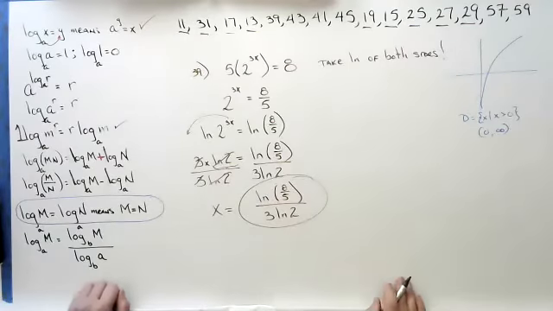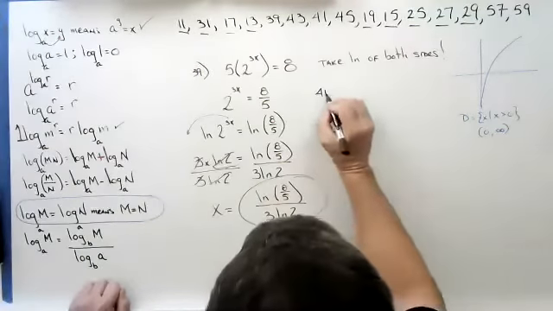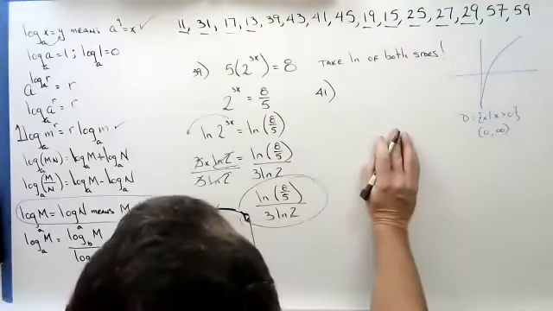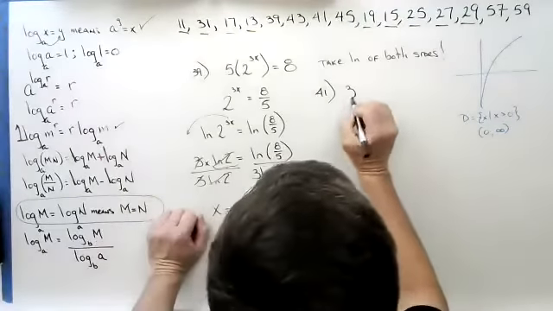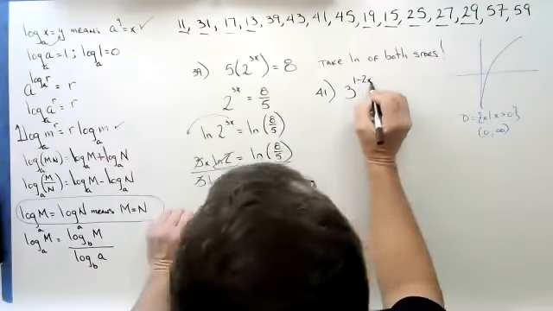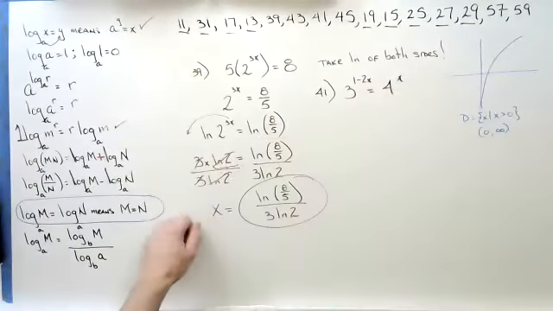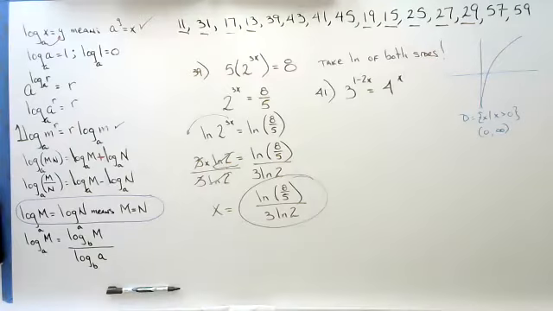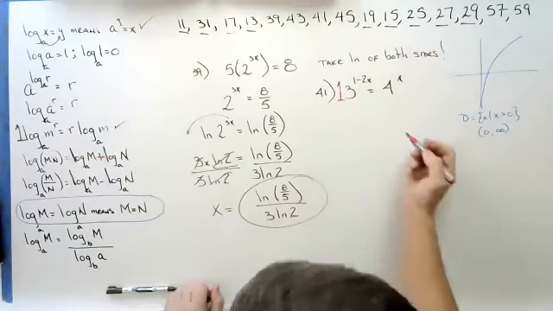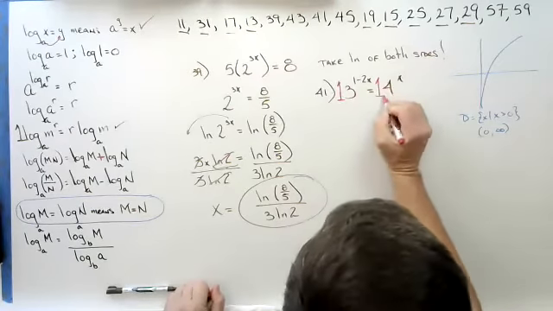All right, well, look at 41. 3 to the 1 minus 2x equals 4 to the x. What number's right there? 1. What number's right there? 1.